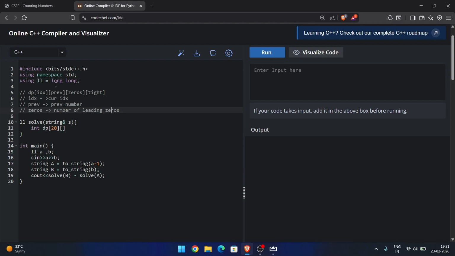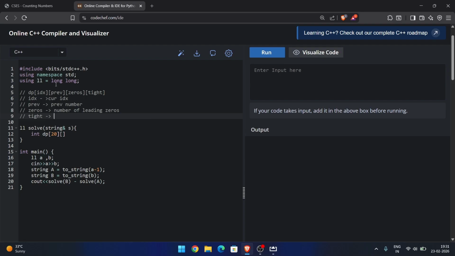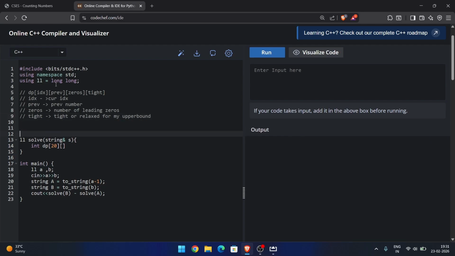And tight gives me whether I am tight, the tight condition for my upper bound. Okay, so the index can go till 20. The previous number can go from 0 to 9, so it would be 10. The leading zeros can go till n, so that is 20, and tight would be 0 or 1.